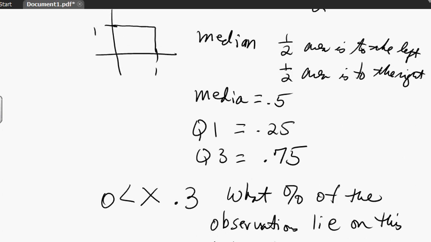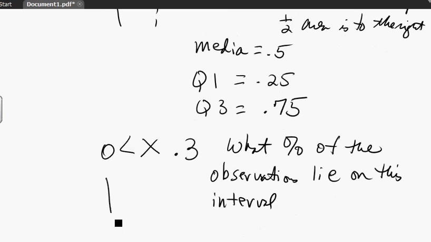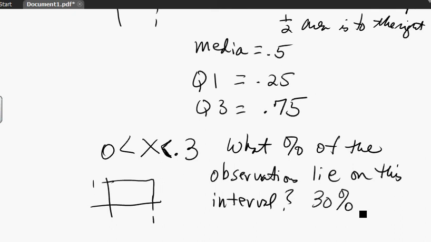If I go from 0 to 0.3, what percent? Oops, I didn't get my other mark in here. So if X is between 0 and 0.3, same density curve, what percent of the observations lie on this interval? 30% or 0.3.